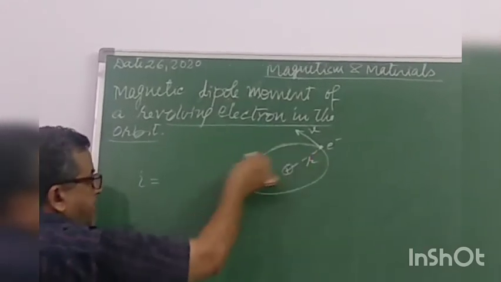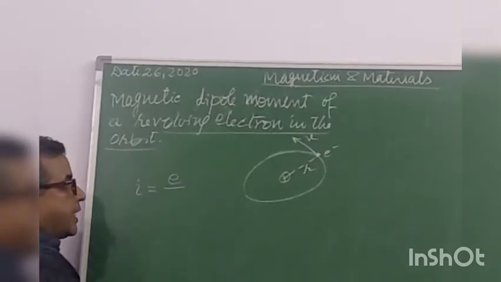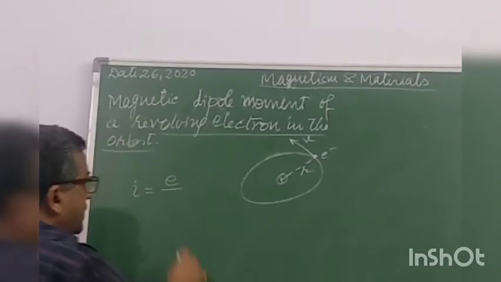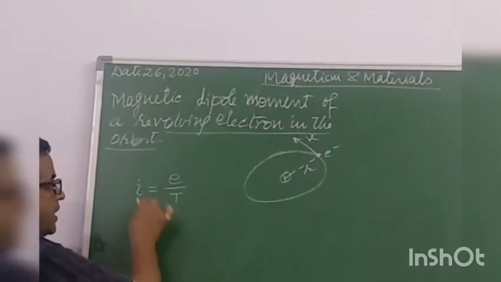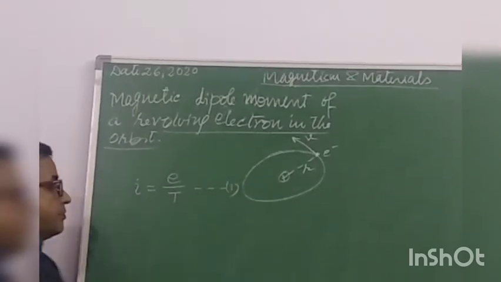The charge that is flowing is the electron e, and the time taken to complete one revolution in the orbit is the time period T. So this is the current, say this is equation 1.